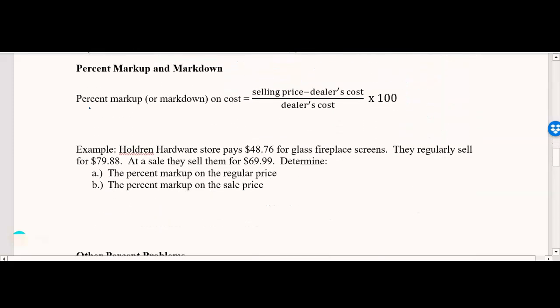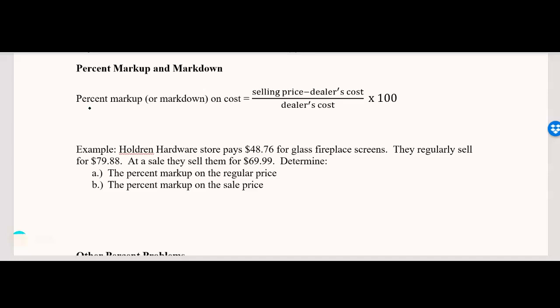Now we also have percent markup and markdown. And when we're doing that, the setup looks very similar, but if you want to know what the percent markup or markdown was, you're going to take the selling price minus what the person paid for it, the dealer's cost, divided by the dealer's cost, and then of course multiply by 100 or move the decimal 2 places to the right to get your percent.